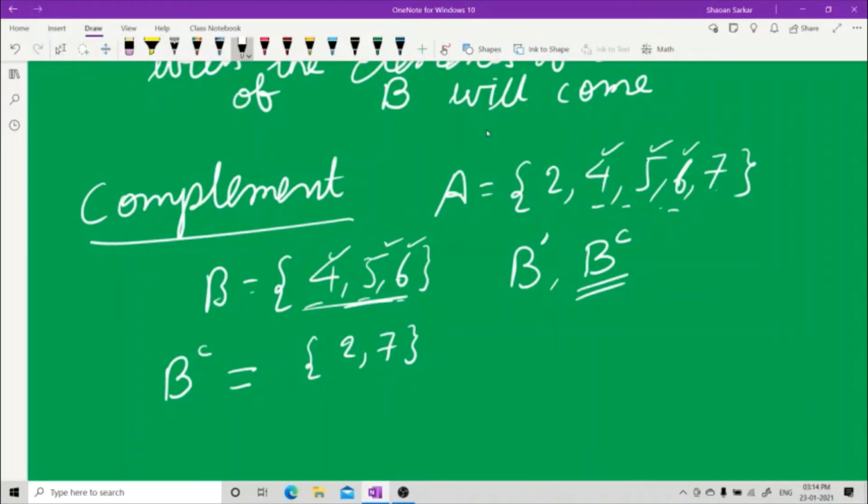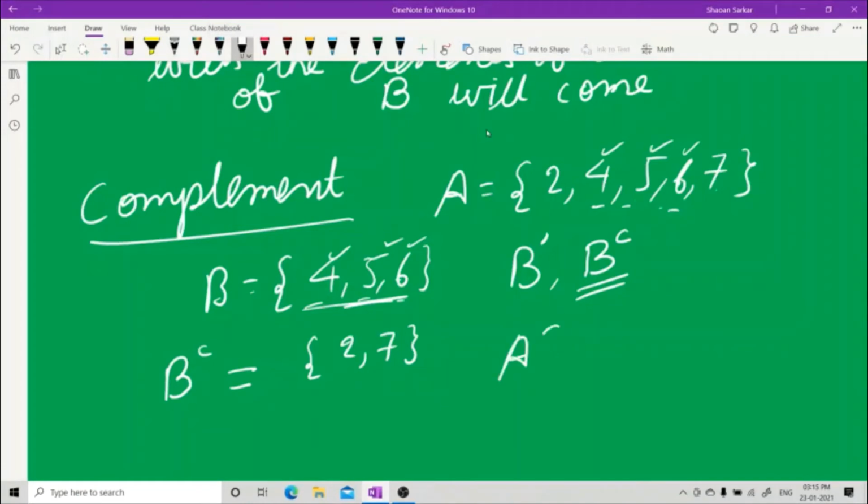You cannot get A complement and then write B, because A complement is not possible. You need again a set which contains A. A complement here is not possible. But if you want to write A complement, it will be nothing but null set, because we do not have any other element.